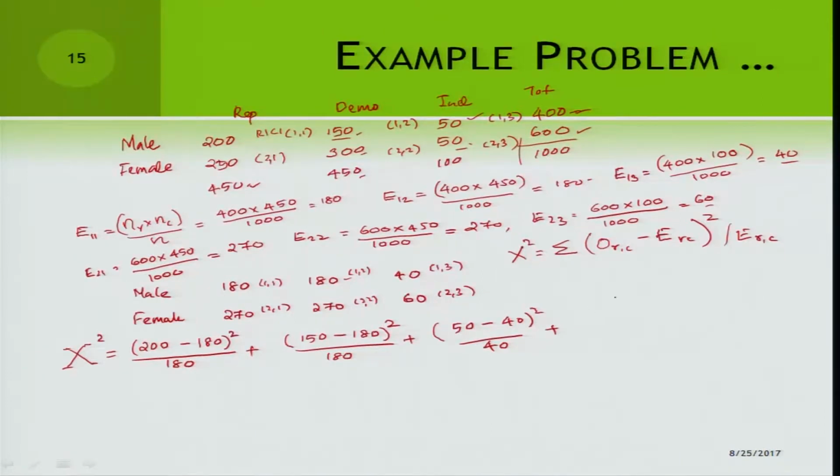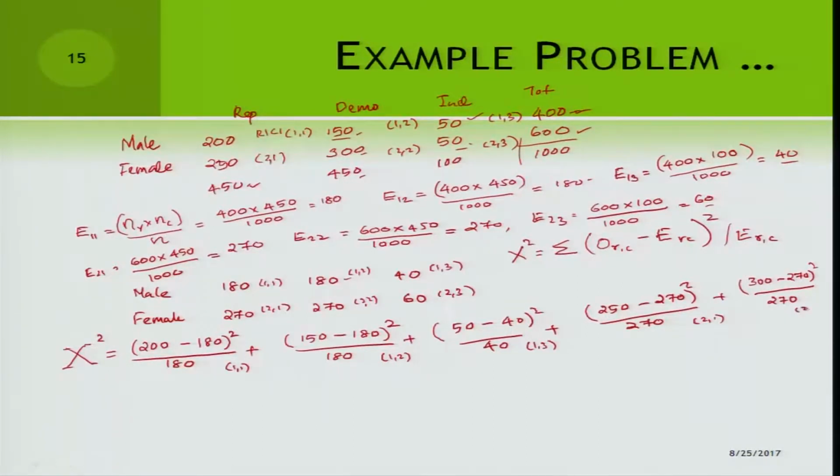So this is for 1 1, 1 2, 1 3. Now we are doing 2 1, which has an observed value of 250 and expected value of 270, square of that divided by 270. Plus 2 2, where the observed value is 300 and the expected value is 270, square of that divided by 270.